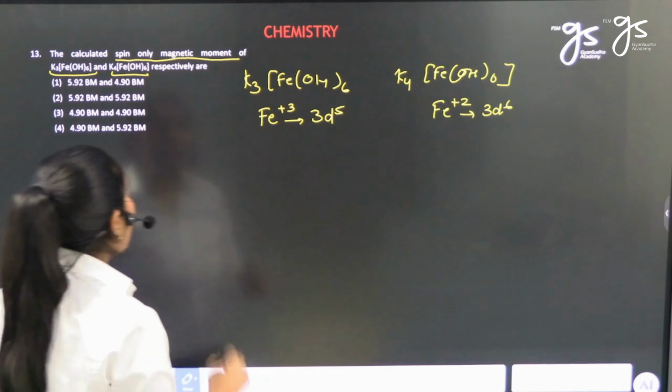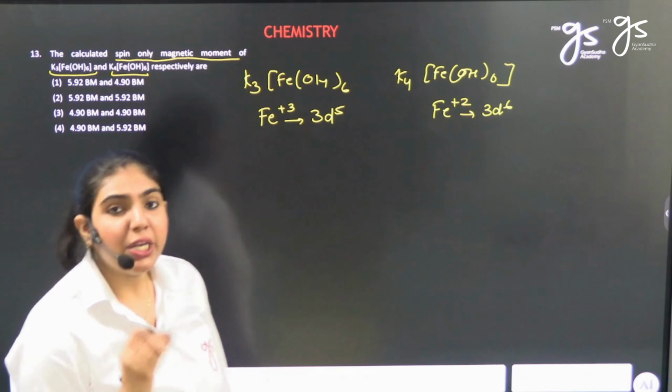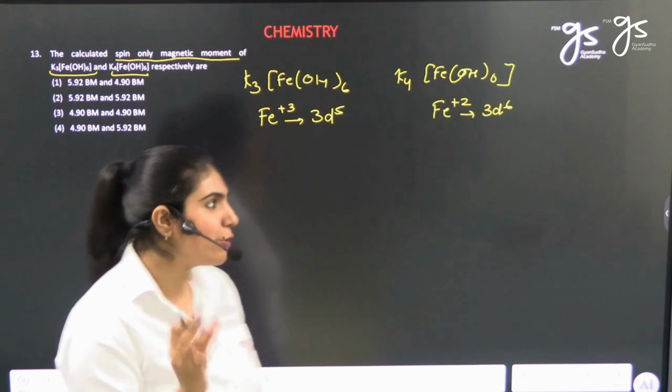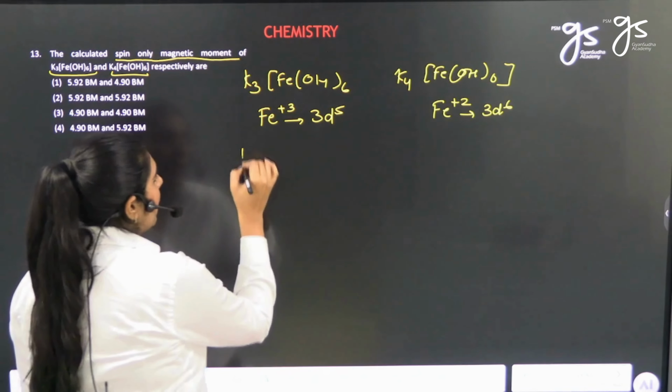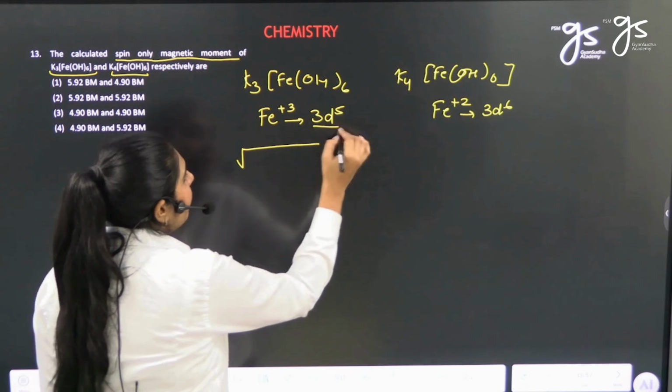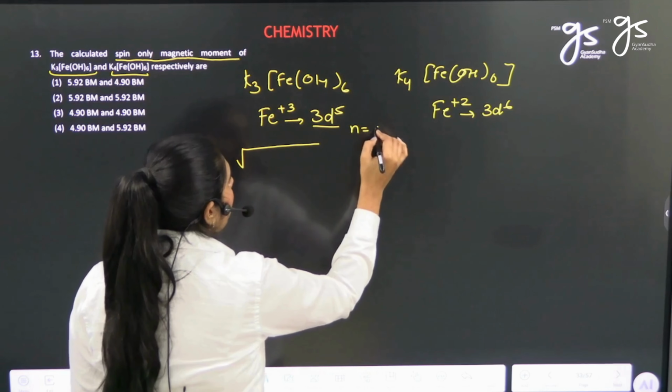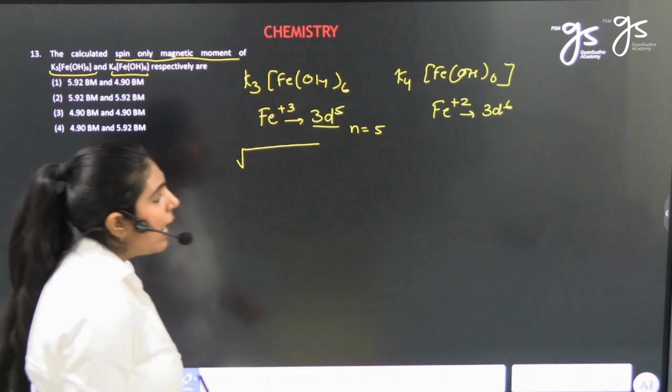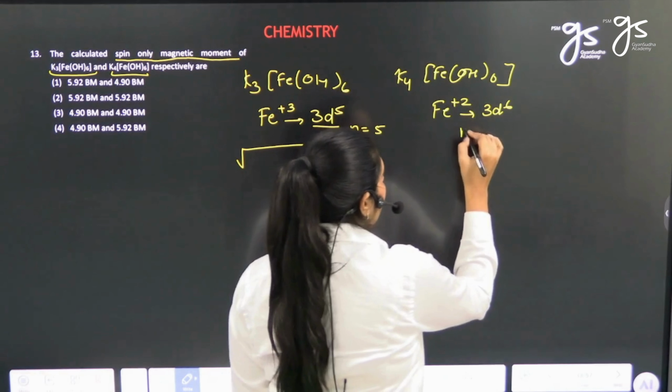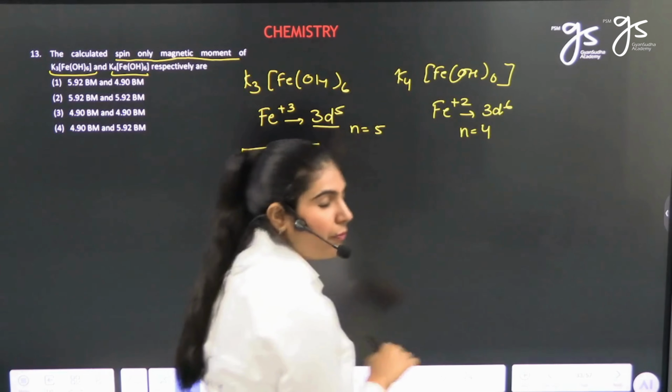So hence, as we are calculating the magnetic moment, we need to know the number of unpaired electrons. So unpaired electrons will be, for the 3d5 we can say that n will be 5, and for this one n will be 4, right?